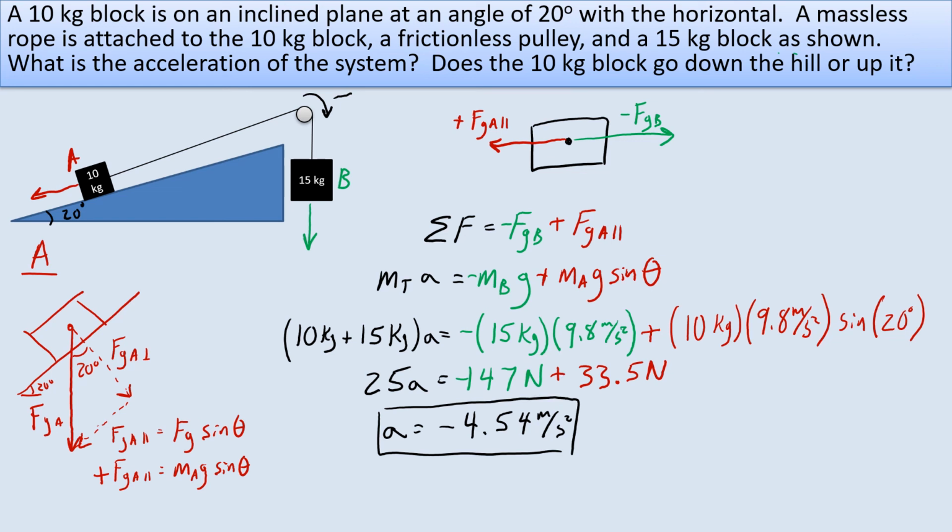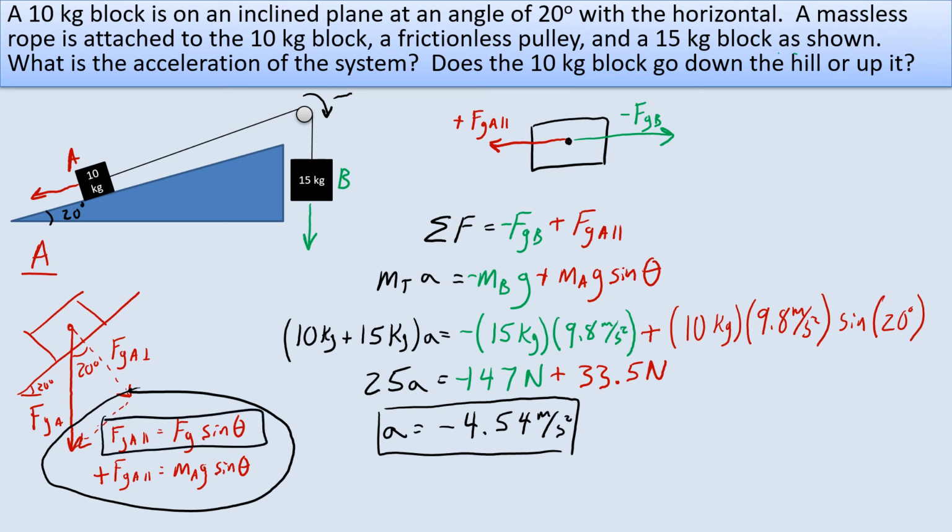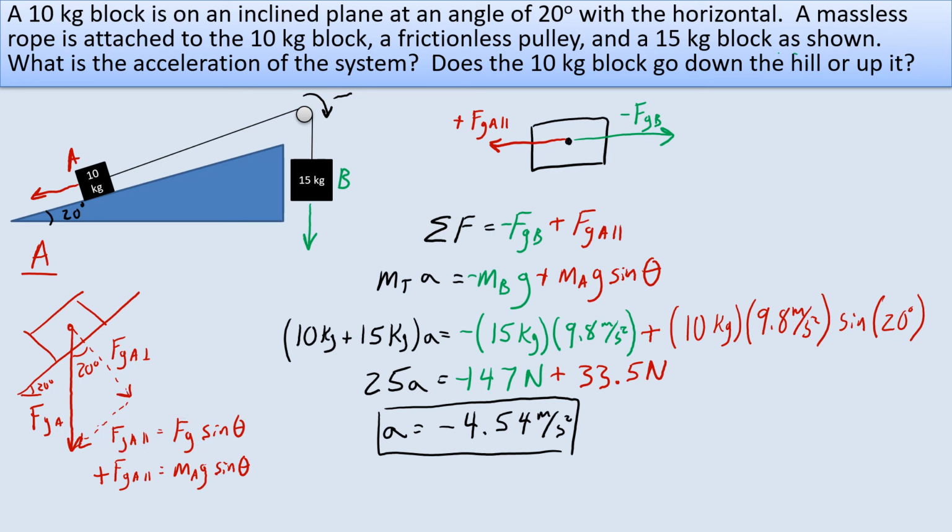And for this block here, remember, we're using only the component of the weight that's acting down the hill, which is Fg sine theta. This is the shortcut. Since Fg is equal to mg, it becomes mg sine theta, and you plug in your numbers over here.